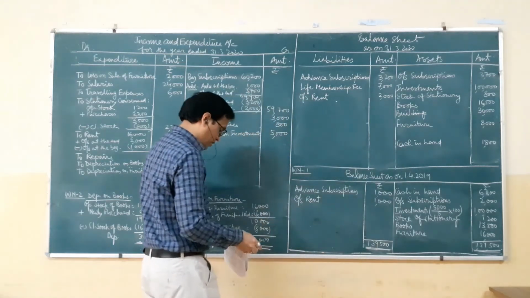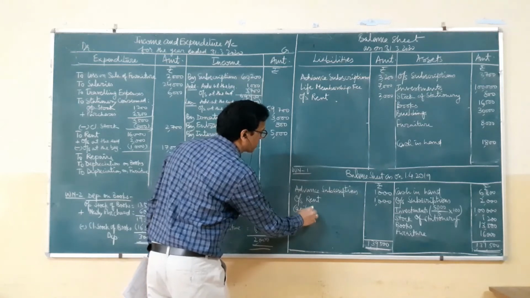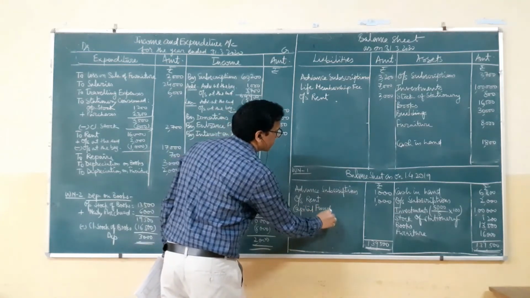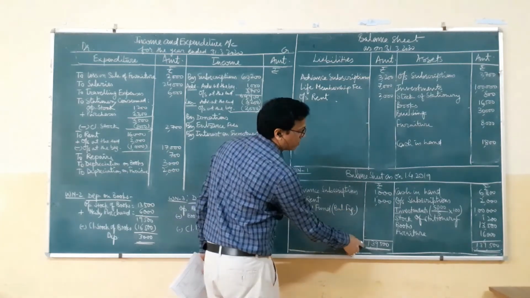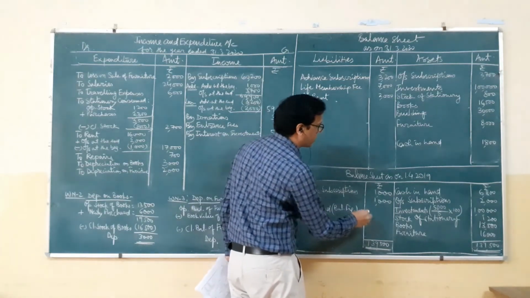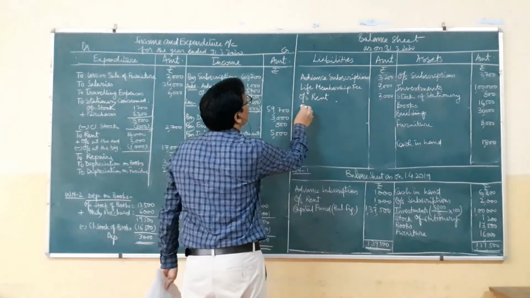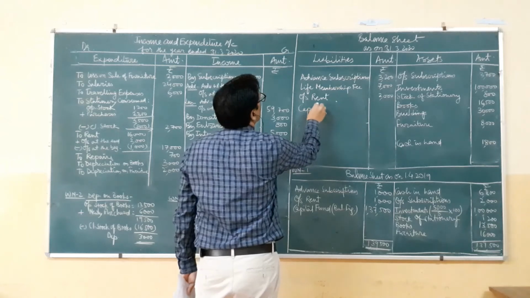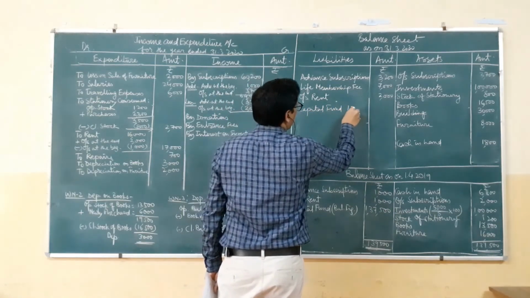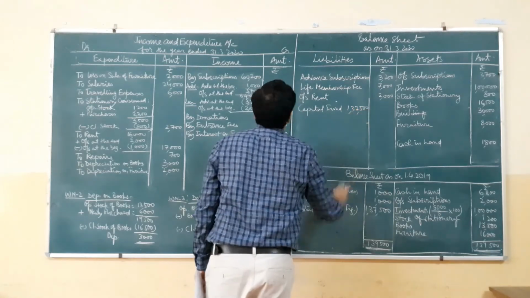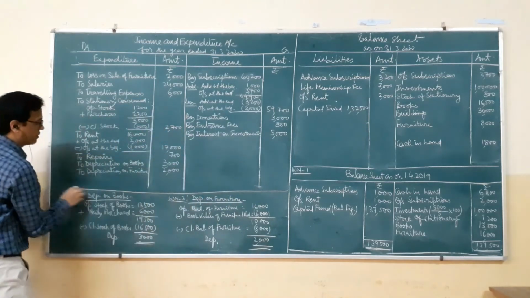So if we subtract, then we find that there is capital fund, the balancing figure. $139,500 total, 2,000 here on this side, then $137,500 is our capital fund, opening capital fund. This we will take to the closing balance sheet. Inner column 137,500. Let us check if there is surplus or deficit.